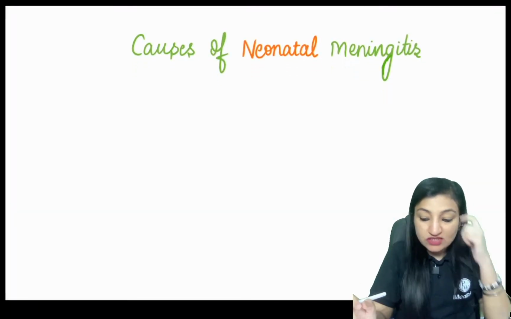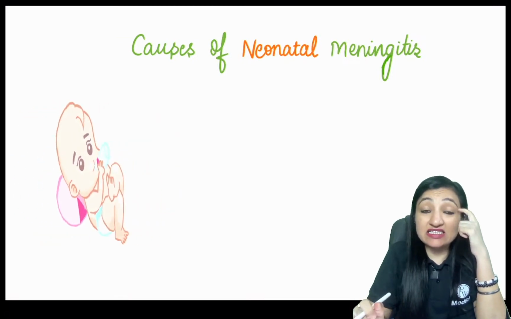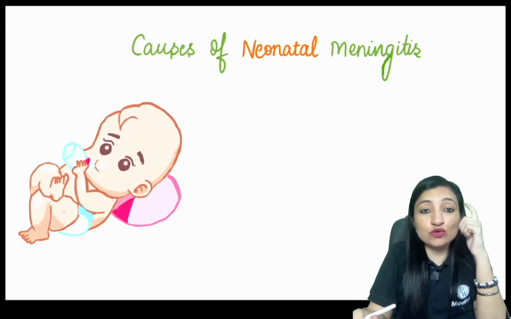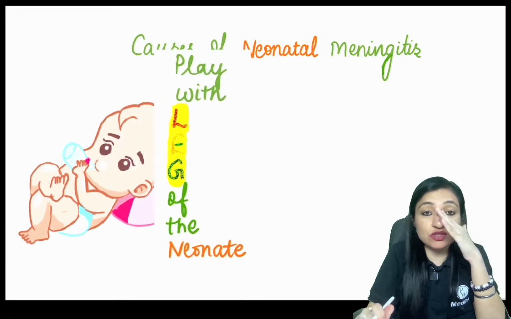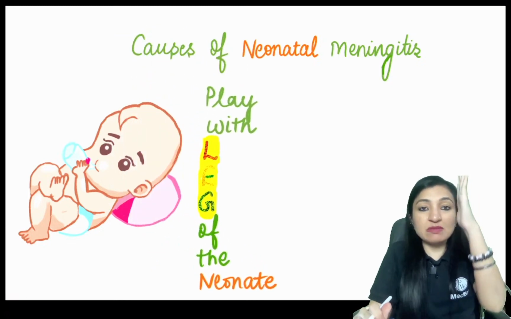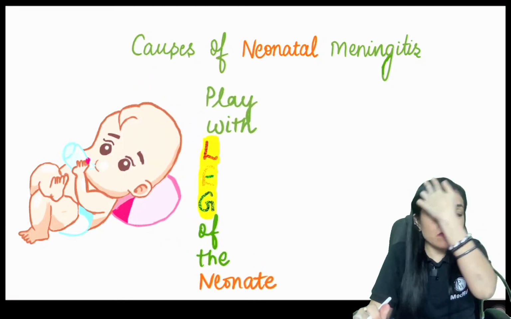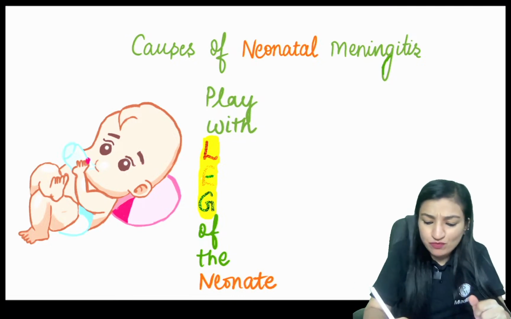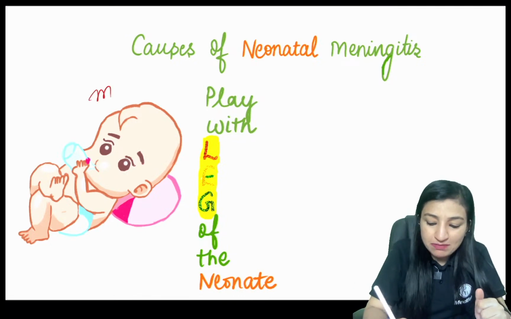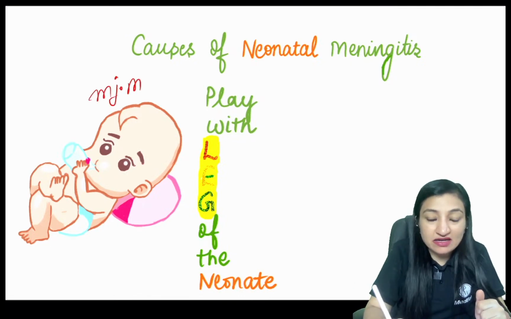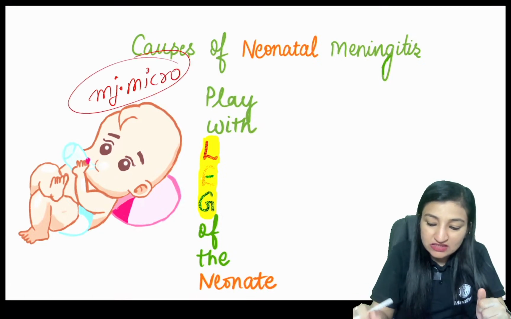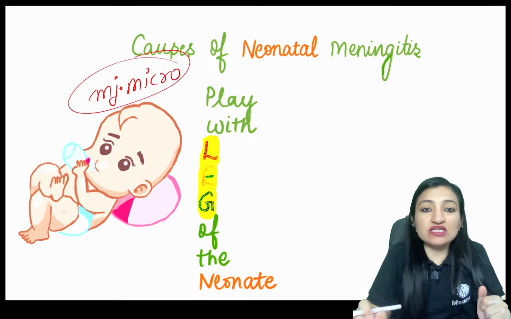So important causes of neonatal meningitis can easily be remembered by remembering this picture of this cute kid and remembering this sentence from top to bottom. Play with the leg of the neonate. I have already long back pasted this picture on my Instagram handle also, mj.micro. ठीक है. सो प्ले विद लेग ऑफ द नियोनेट.